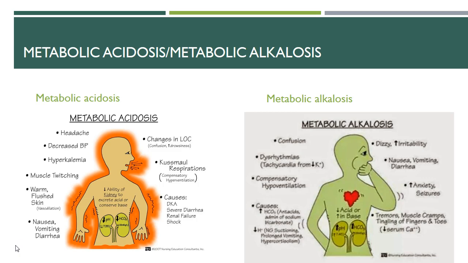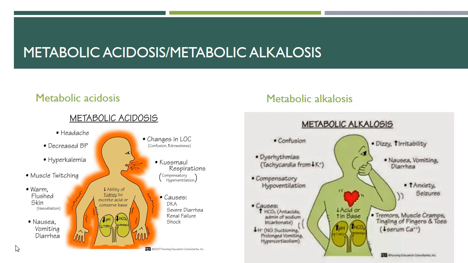Anything that promotes a loss of potassium, such as diuretic therapy, your thiazides, your furosemide, because a loop diuretic is furosemide, those cause potassium loss the way they work. And then we can have alkalosis from excessive alkali ingestion, such as antacids.